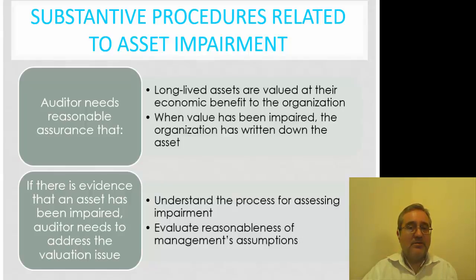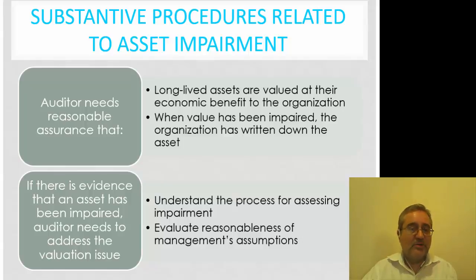If there is an impairment, management needs to write this impairment down in the asset and have a corresponding expense. We need to understand the process of assessing the impairment and evaluate the reasonableness of management assumptions. Again, management needs to be documenting this.